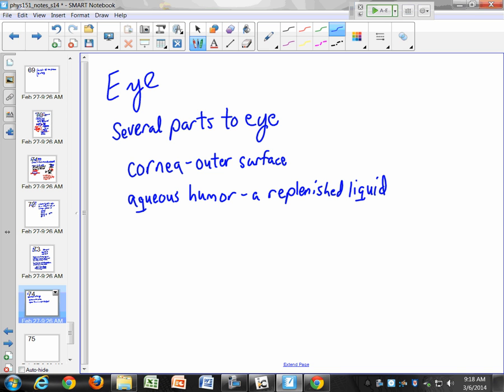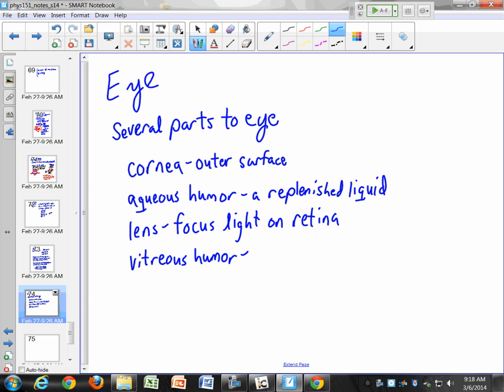You have the lens. This just allows you to focus light on the retina. As I said, we'll have a whole chapter just on this. And then the vitreous humor. This is the bulk of the liquid that's inside the eye.